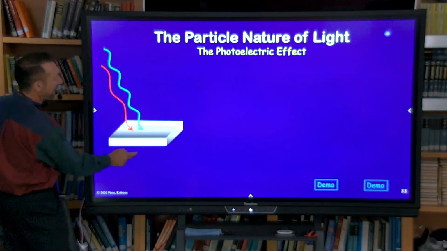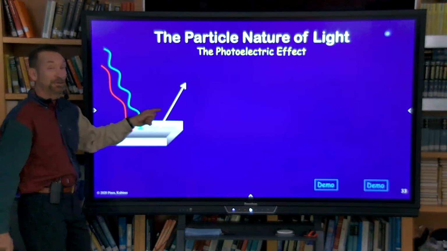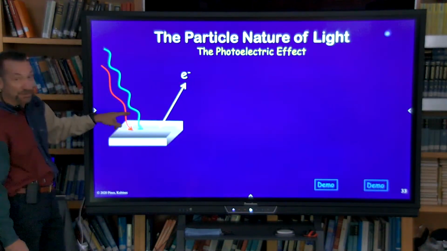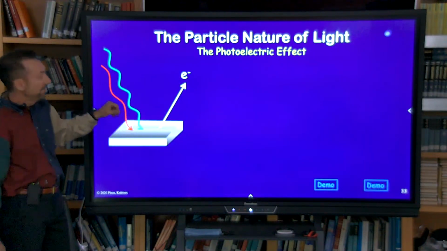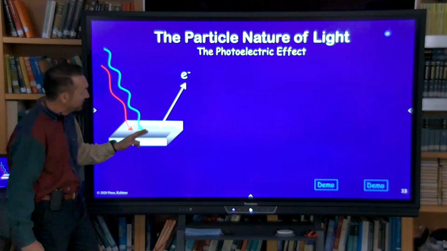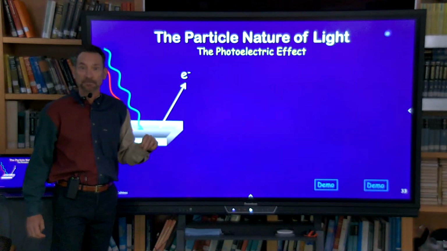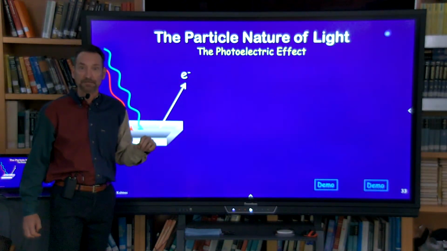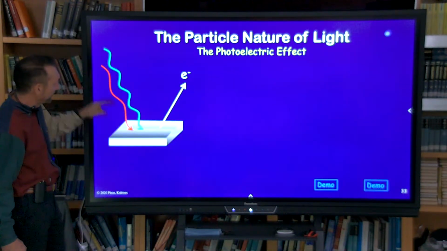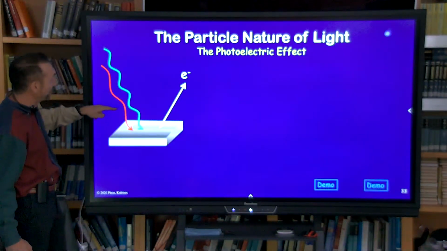If you went to shorter wavelengths, you could get an electron to come off. I said higher, I meant shorter wavelength. Went to shorter wavelength, higher frequency, then you could get an electron to jump off. So long wavelength doesn't do anything, no matter how bright you get it.